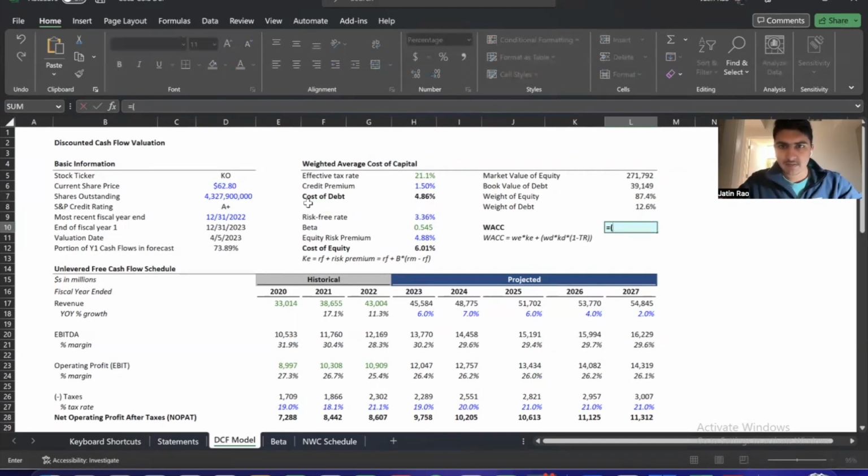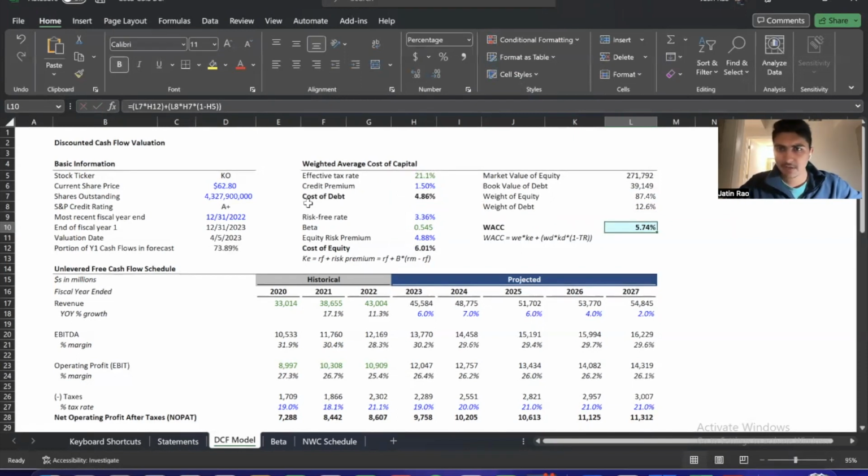So open parentheses, this is equal to the weight of equity times our cost of equity, close parentheses, plus our weight of debt times the cost of debt times open paren again, 1 minus the 21.1% tax rate. Boom, and we have our WACC, our weighted average cost of capital is 5.74%.